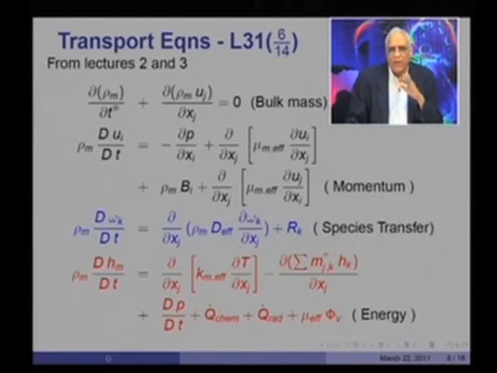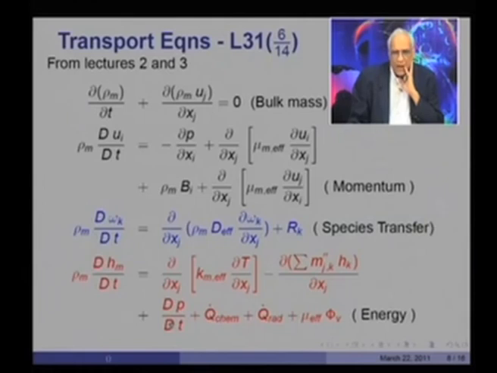Suffix m implies mixture. This is the momentum equation. This is the species equation, the so called mass transfer equation, which I had derived in the first few lectures. And this is the energy equation, in which this is the convective term, this is the conduction term, this is the convective heat transfer due to diffusion mass transfer.